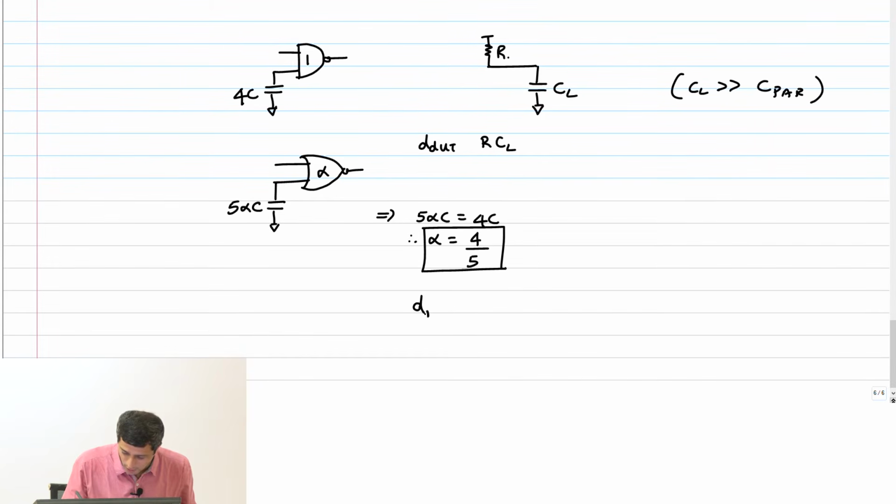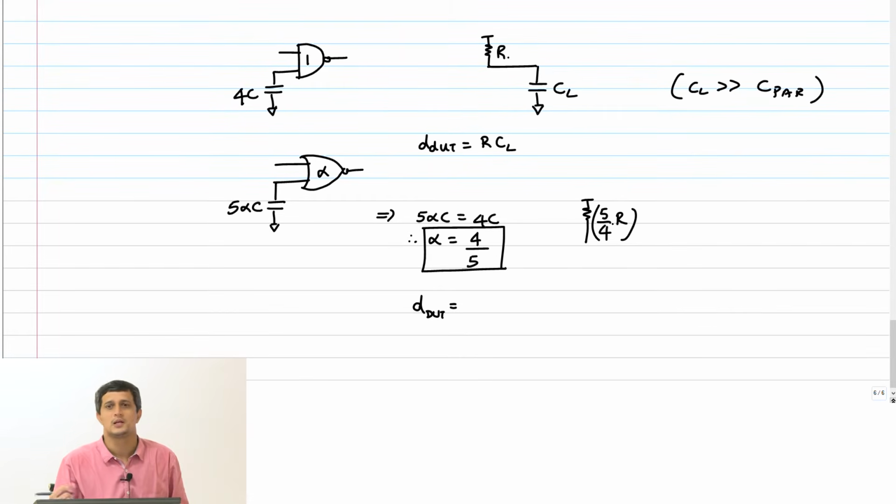Similarly here, delay of my DUT for the NOR gate is what? It's not 5 by 4, it is resistance is... yeah, you're right, it will be 5 by 4 R because the size is, let's write that down explicitly, R by alpha, right?